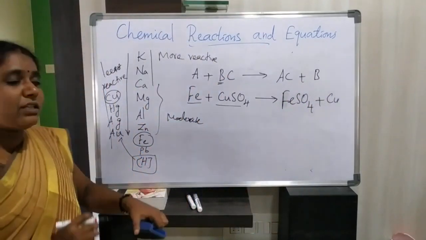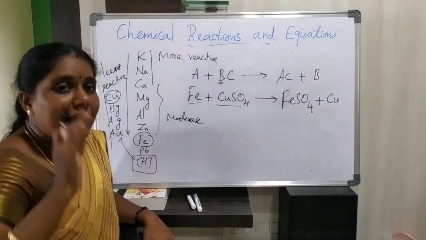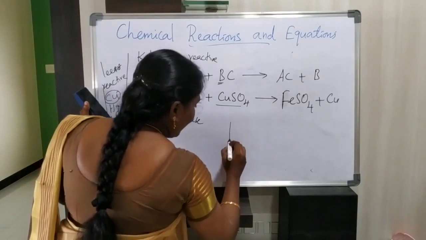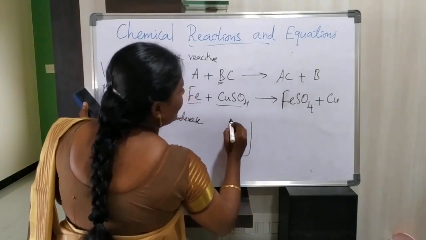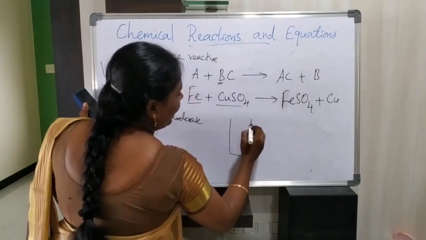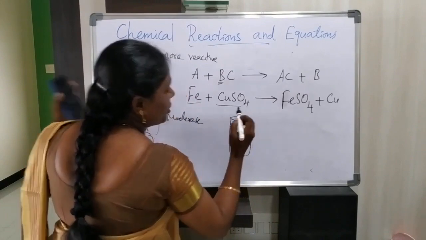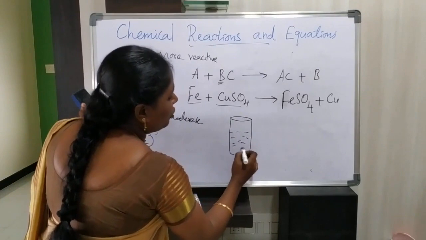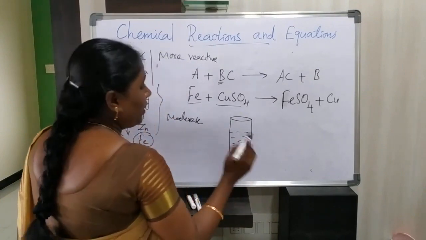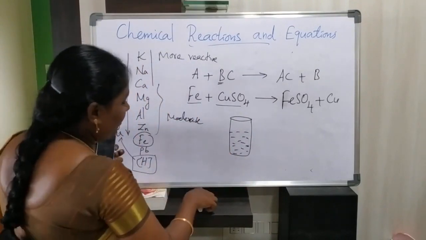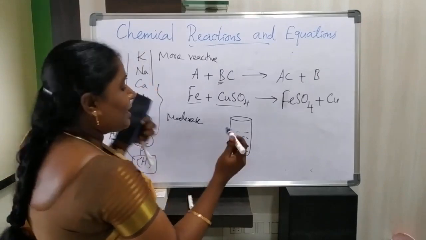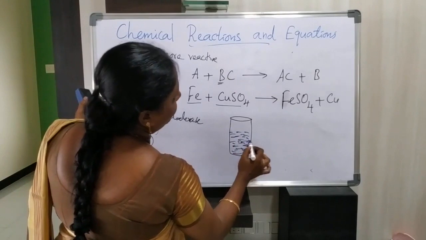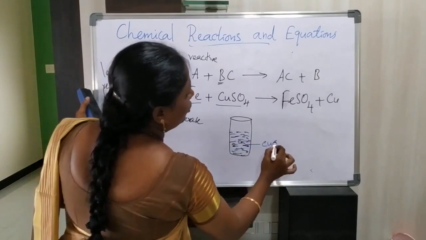See, in this reaction what happens when this iron nail is dipped in copper sulfate? They will ask you the reaction for this. You have to take one test tube, and in that test tube you need to add some amount of copper sulfate solution. Do you know what's the color of copper sulfate solution?